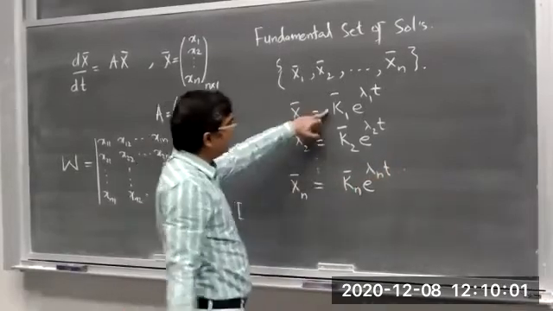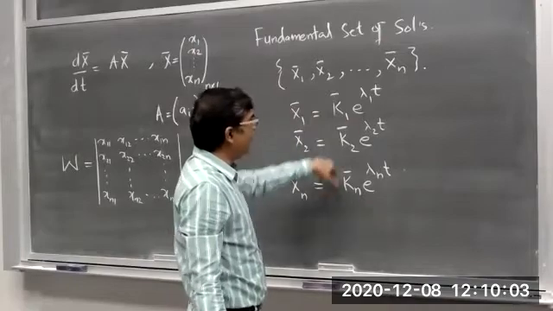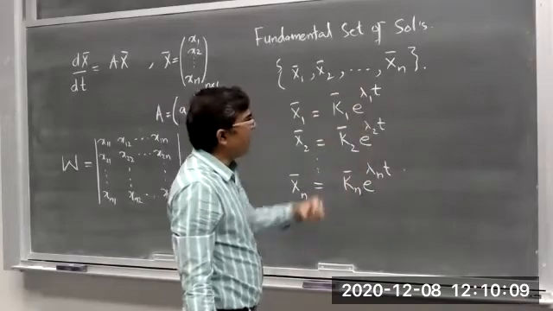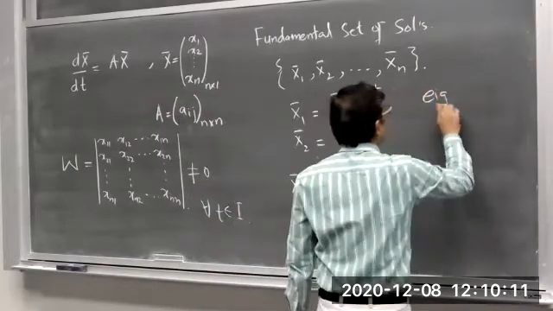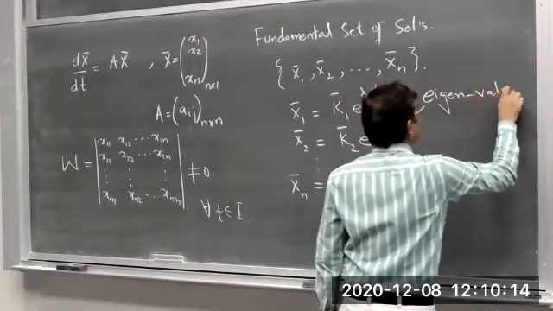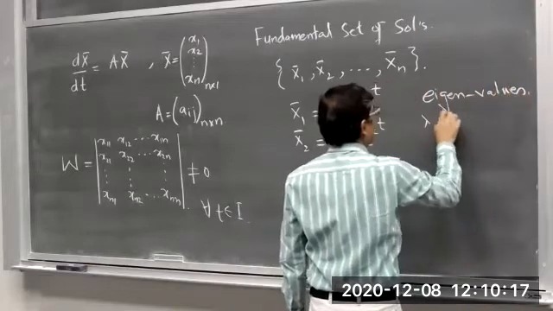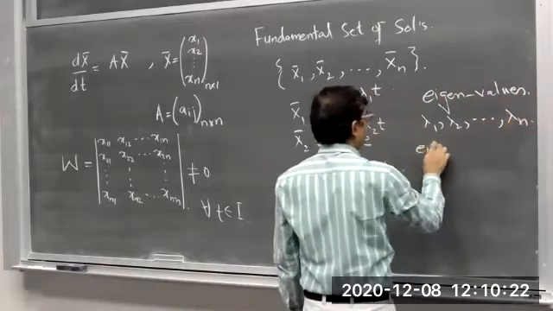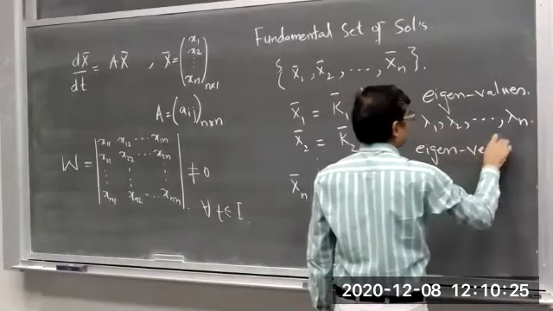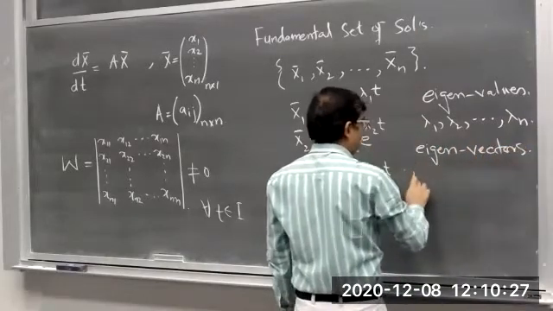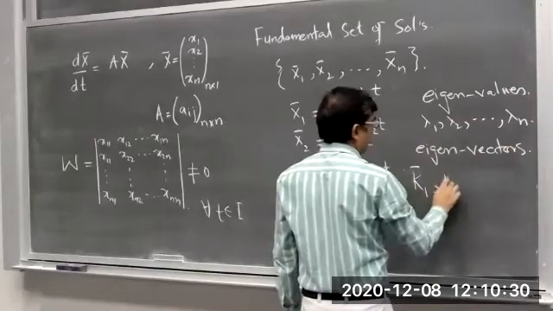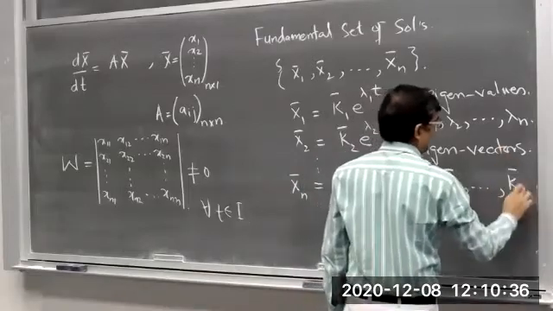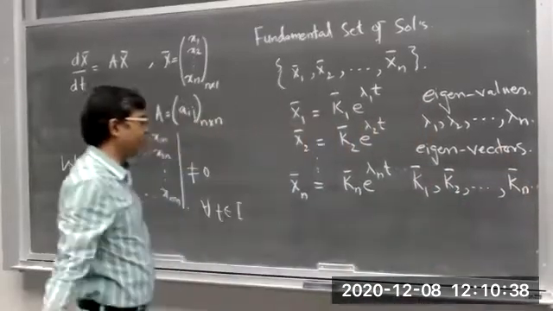What were these vectors k1, k2, and so on, kn, and what were these constants lambda 1, lambda 2, lambda n? These lambdas are eigenvalues, and the corresponding eigenvectors: corresponding to lambda 1 there was a vector k1, corresponding to lambda 2 there was a vector k2, and corresponding to lambda n we had a vector kn.